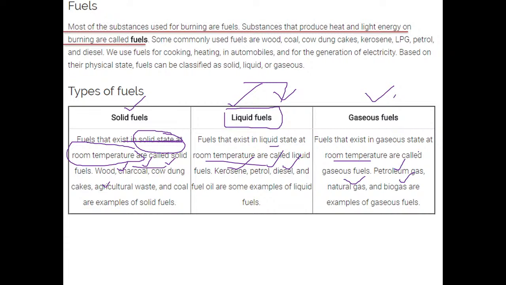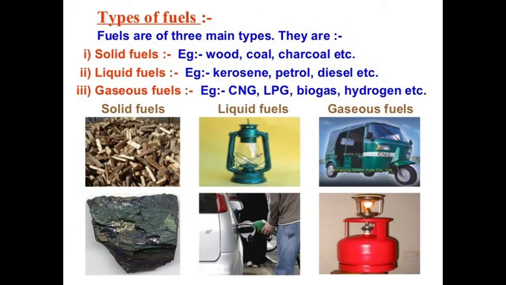In solid we can see charcoal, wood; in liquid, kerosene, petrol; and gaseous is natural gas and petroleum gas. This is the same thing which we have looked at now. If you see the examples here: liquid fuels, petrol, diesel; solid, wood, charcoal; gaseous.